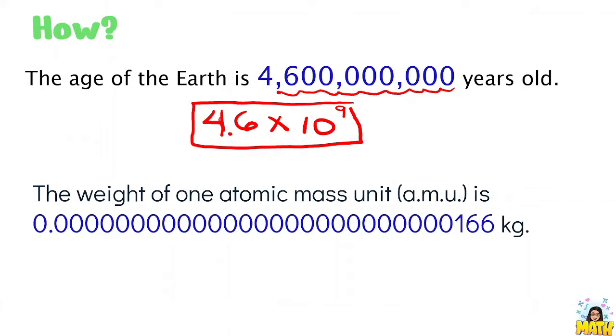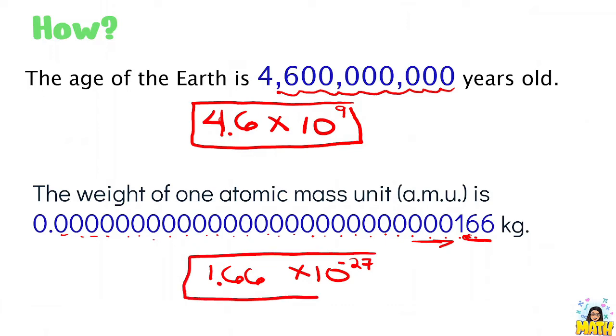While for the second one, which is the weight of one atomic mass unit, we write the significant figure 166, and then we put the decimal point after the first non-zero digit times 10 to the 27. Okay? Since we have a small number, and we move the decimal point to the right, that is negative.